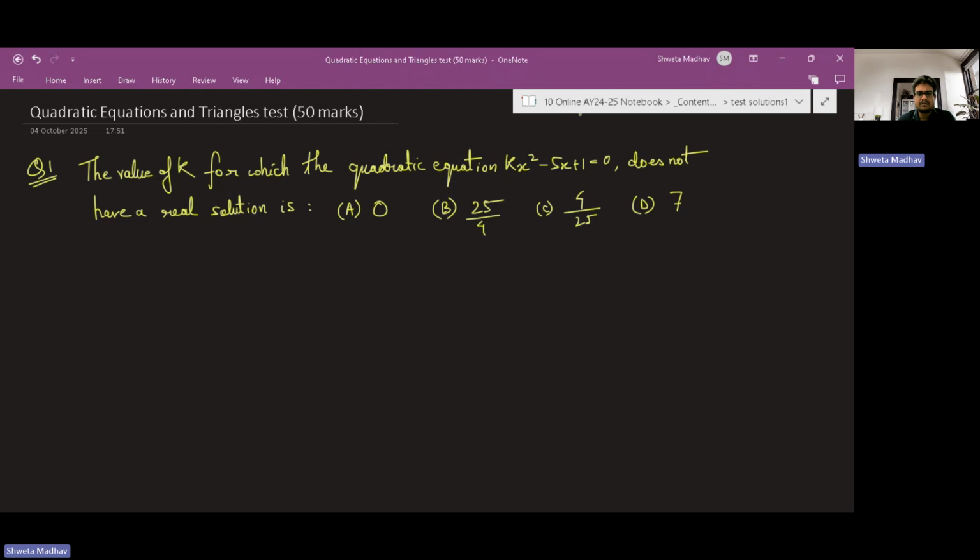So here we need to find the value of k for which this quadratic equation is not having any real solution.